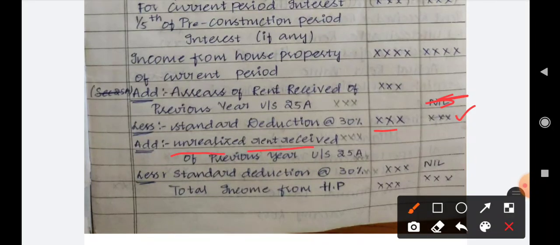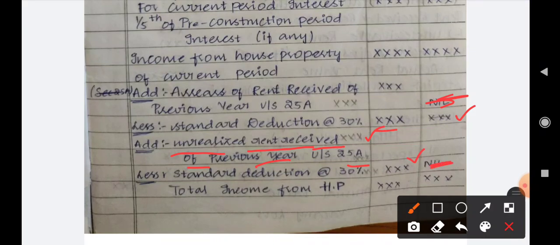Similarly, unrealized rent received of previous years. Previous year's unrealized rent you are receiving in the current year, then you will consider that as income, and 30% standard deduction is allowed as deduction. After deducting that you will get income. Here also it is nil.